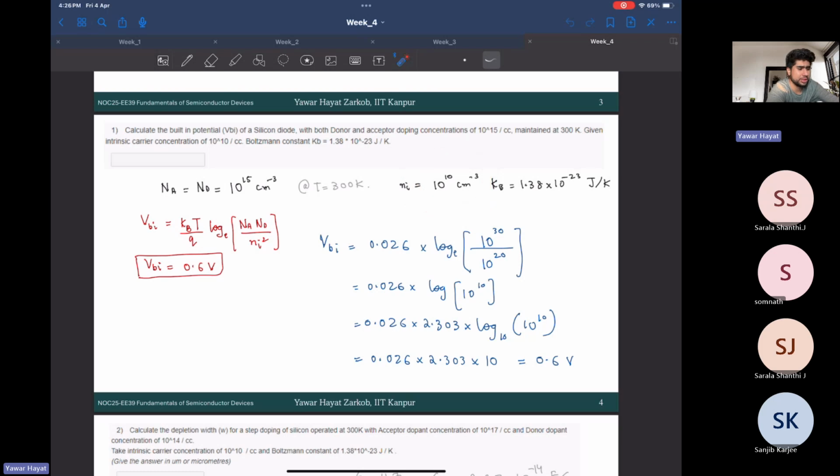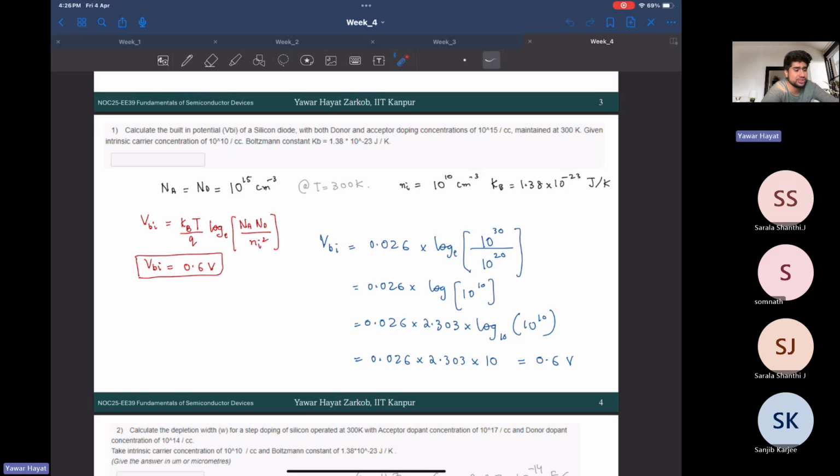Boltzmann constant, you can note down the value. The Boltzmann constant value is 1.38 into 10 to the power minus 23 joules per Kelvin. So I'll simply use the formula of the built-in potential, which is kT by Q log of NA ND by Ni square, right? And what is my kT by Q?